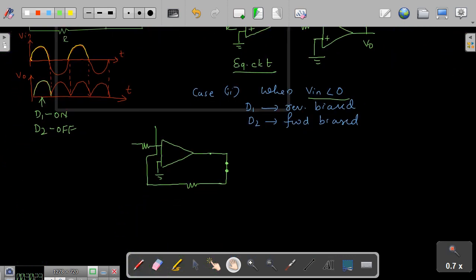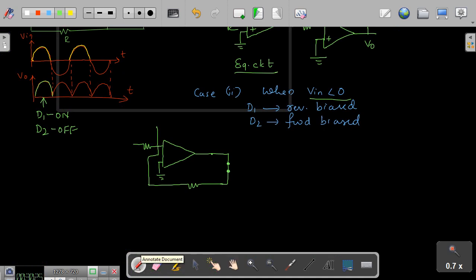So therefore what I will have here is 2R, and this will go to the second op amp, and this will be R as it is.